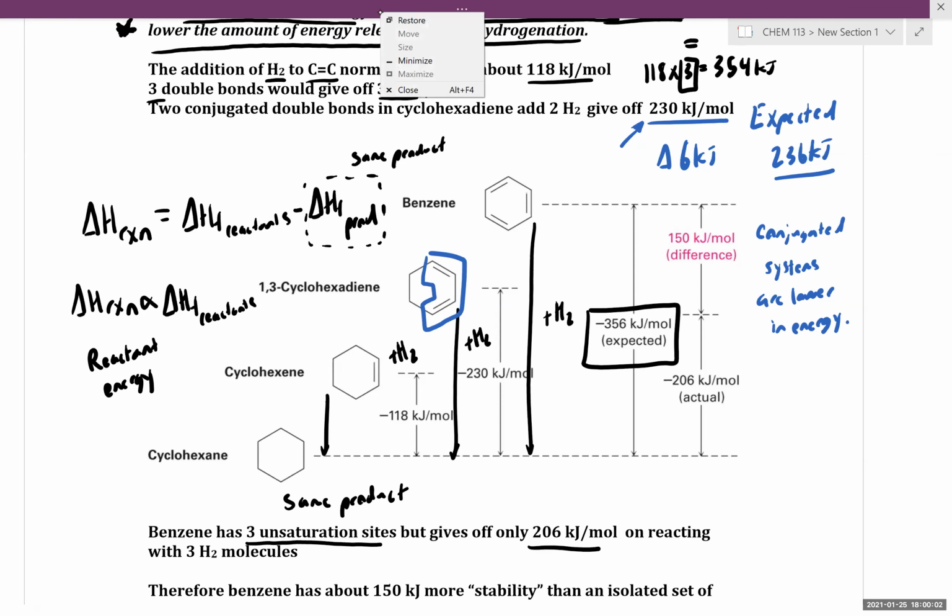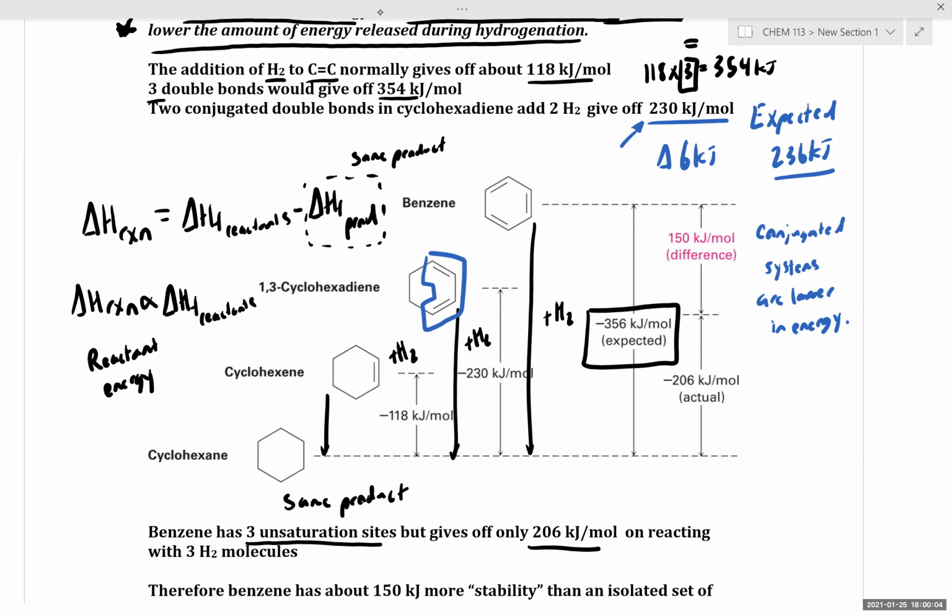Thus, we can conclude, since substantially less energy was released, is benzene more or less stable than a typical isolated alkene? Are the carbon-carbon double bonds in benzene more or less stable? Yep, as I see in the chat, they're substantially more stable. Benzene is substantially lower in energy than a set of 3 isolated alkenes.